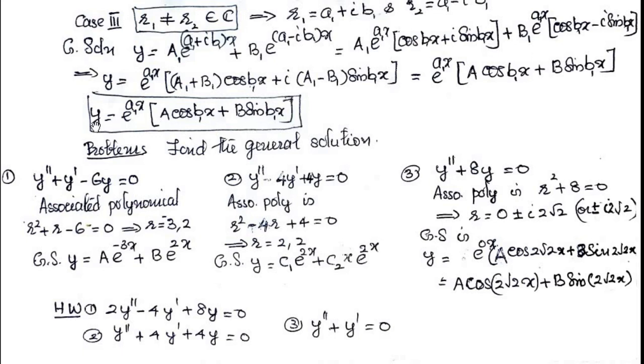In this case, y equals e raised to a1x into, where a1 is 0 and b1 is 2 root 2. So the solution is y equal to e raised to 0x into (a cos 2 root 2x plus b sin 2 root 2x), that is a cos 2 root 2x plus b sin 2 root 2x.